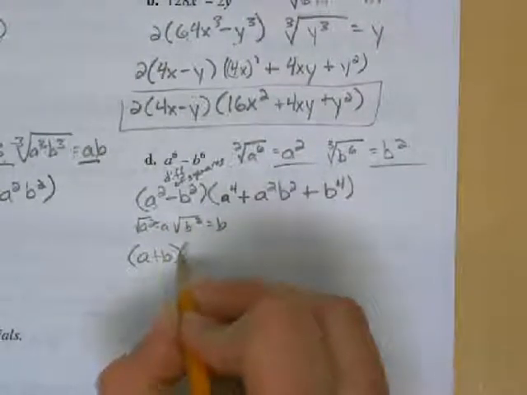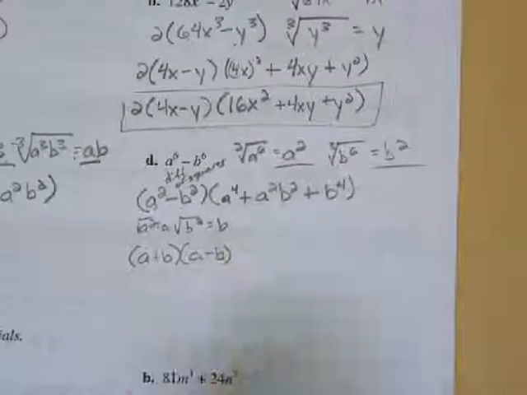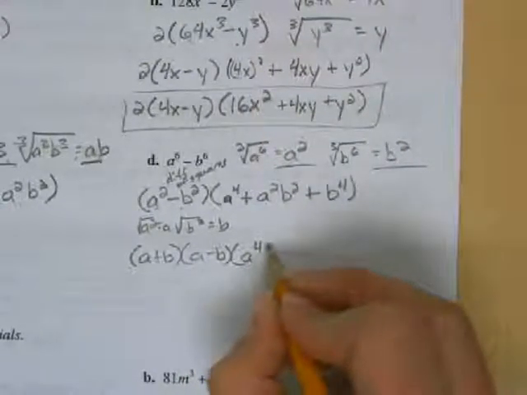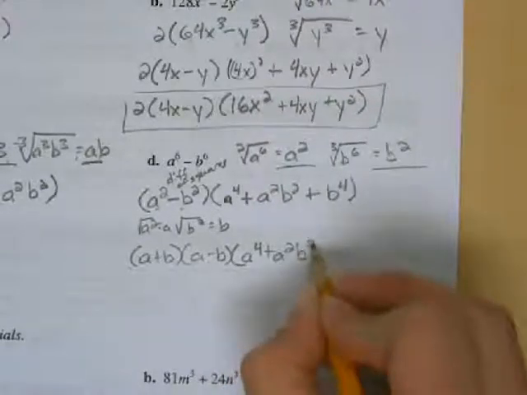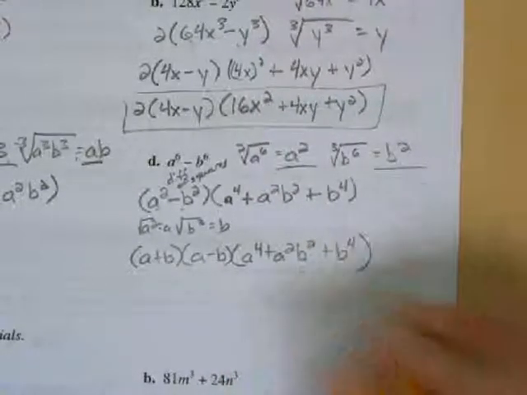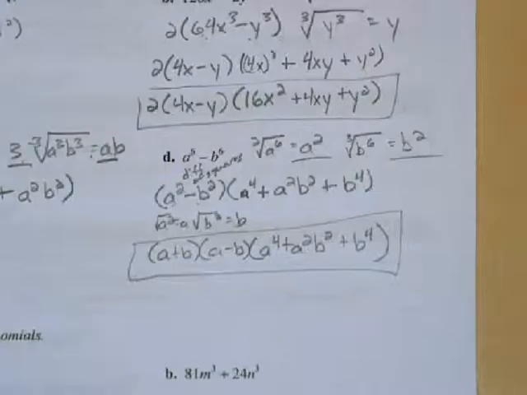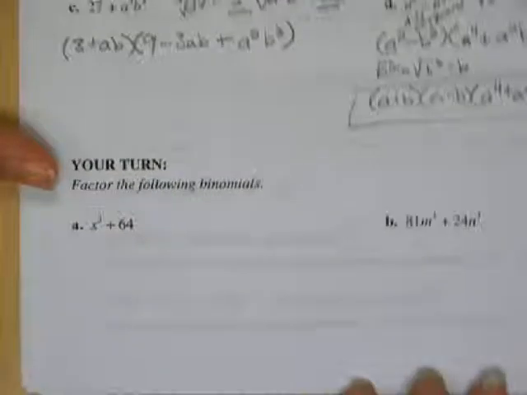That's the stuff we just finished doing a minute ago. And then we still have this large thing, a to the fourth plus a squared b squared plus b to the fourth, all in a set of parentheses. They just get uglier sometimes, but that's your answer: a plus b times a minus b times a to the fourth plus a squared b squared plus b to the fourth.